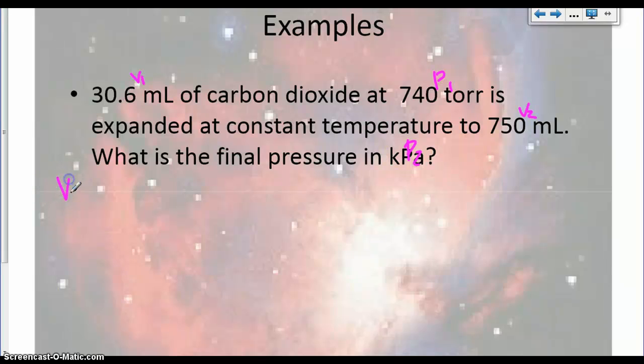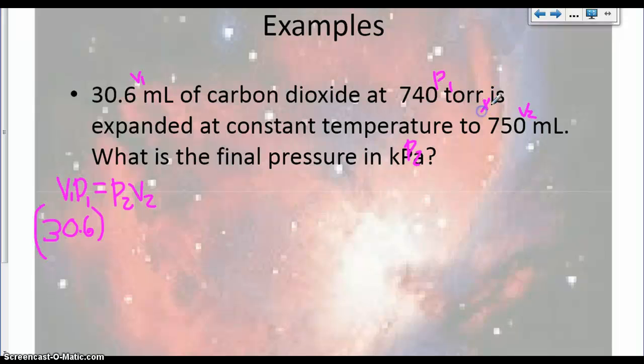All right, so we're going to plug everything into our little equation here. We've got 30.6 times pressure 1. Pressure 1 is 740 torr. Let's go ahead and get that torr to atmospheres.